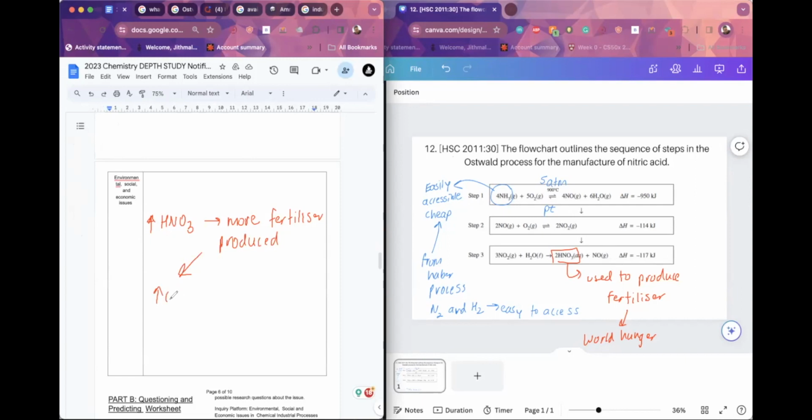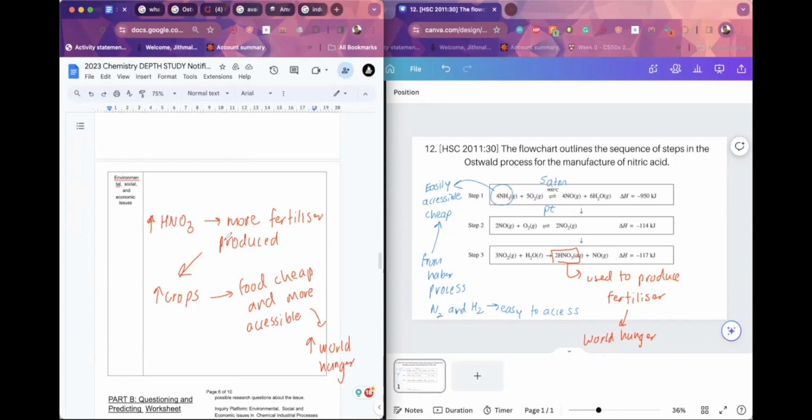This means more crops. That means that food becomes cheaper and more accessible, decreasing world hunger.